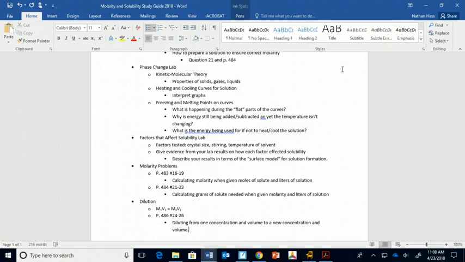And what's happening? Would you remind me? What's happening at those times? Because we're adding energy for a heating curve. We're adding energy, but the temperature is not changing. So what's going on there? Can you remind me? Do you remember? It's changing states. Okay, but how does that use energy?